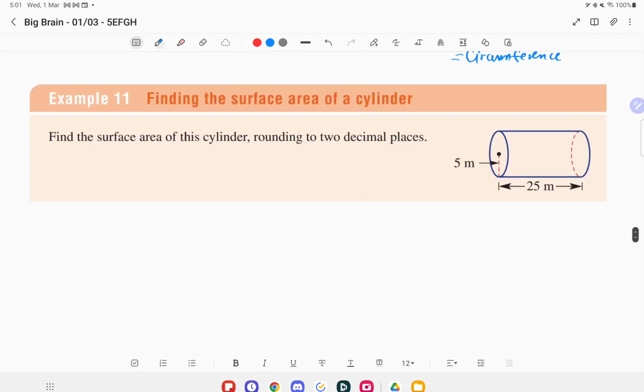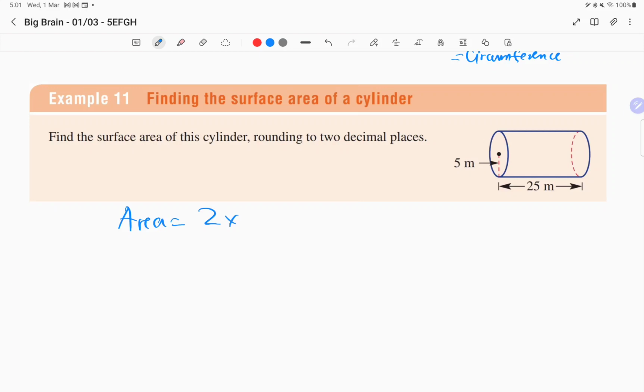Maybe just try this one out for yourself. I'll help you get started first. The area is equal to 2 times the circle area. This one they turned on its side, so there's no top and bottom. So 2 times the circle area plus the side area.